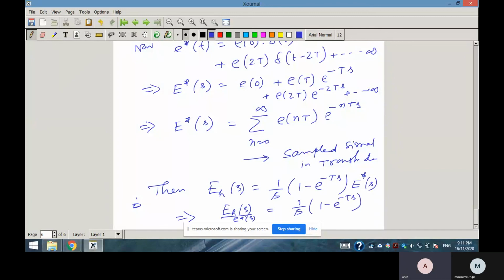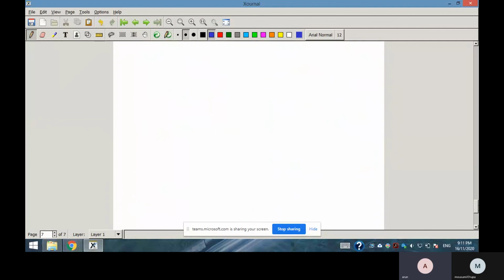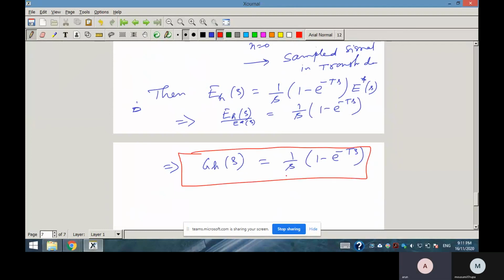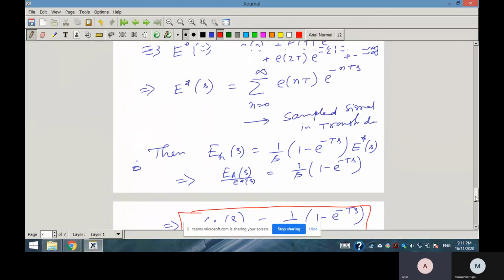So this is your whole transfer function. This means G_h(s), the whole transfer function, is [1 minus e^(-Ts)]/s. This is actually the transfer function of the zero order hold. So whatever hold operation I have considered, that is the transfer function of the zero order hold. Similarly, first order or higher order holds are there.